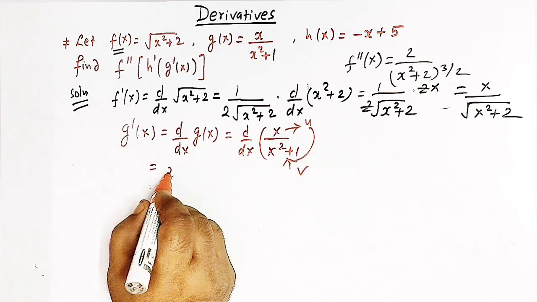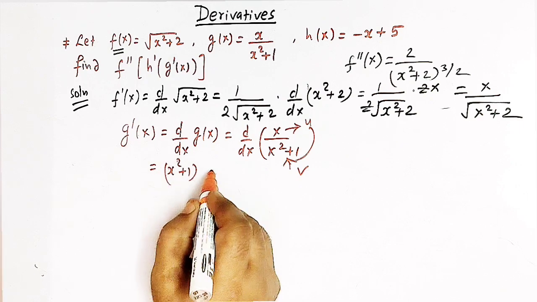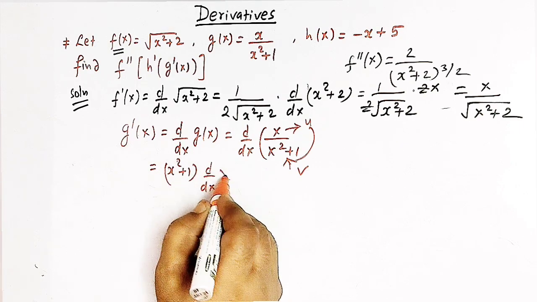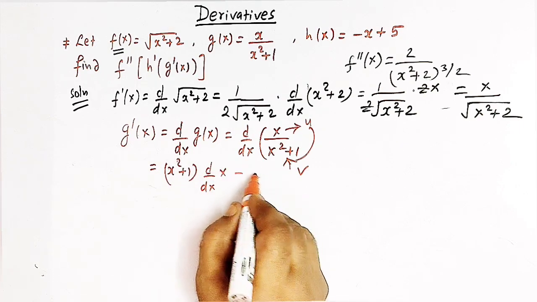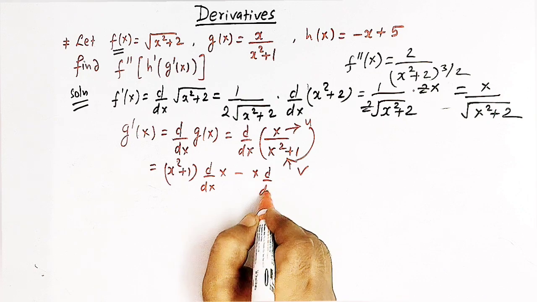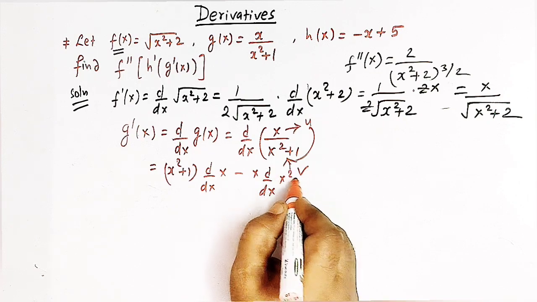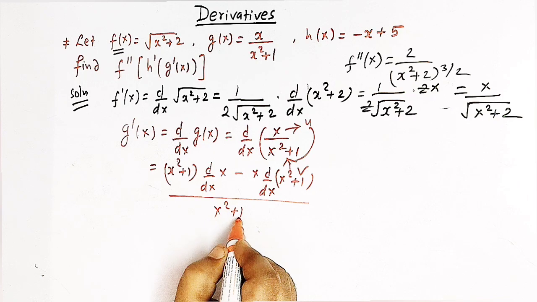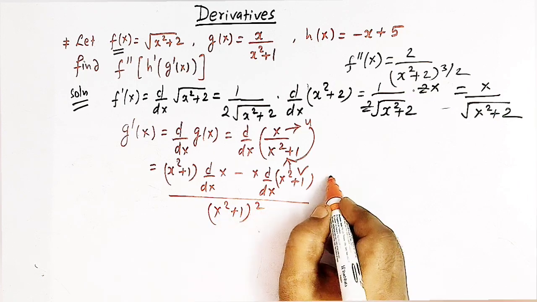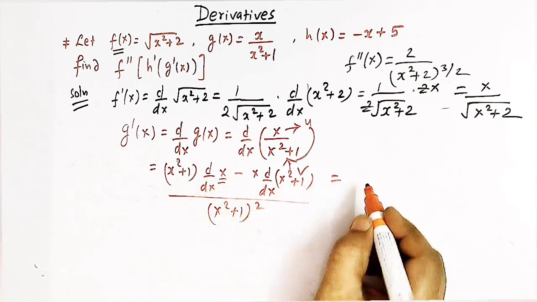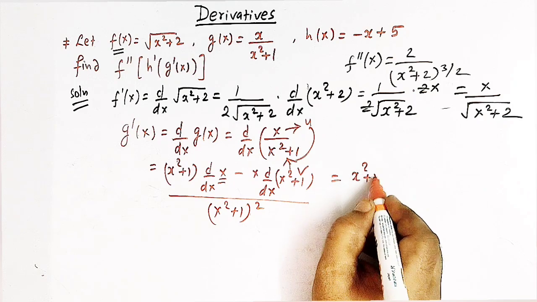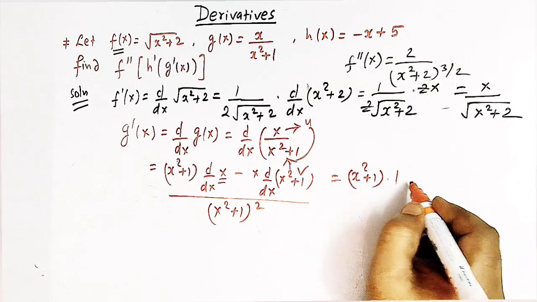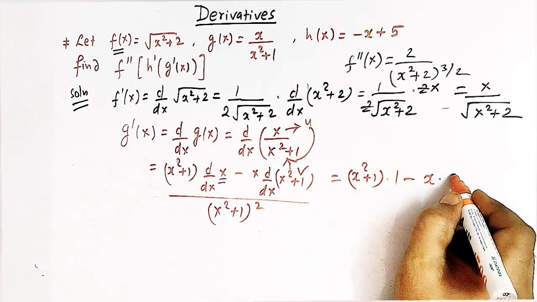So we have x square plus 1, then we have derivative of x, then we have x and derivative of x square plus 1, and divided by x square plus 1 whole square. So the derivative of x is 1, so we have x square plus 1 times 1 minus x times 2x.